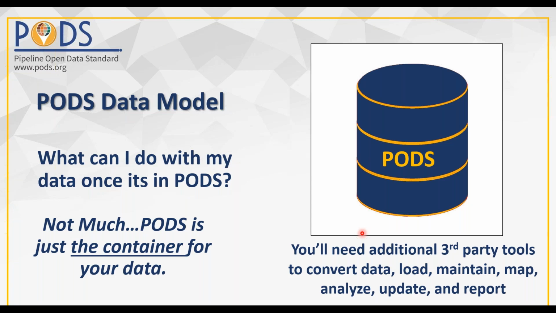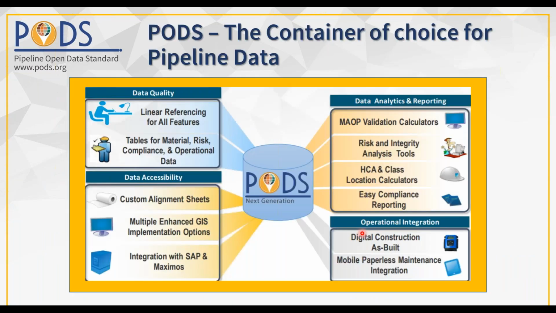So what I'd like to do is look at four groups of applications, if you will, or four usages of data within the PODS data model. This is going to be looking at those applications dealing with data quality, data accessibility, data analytics and reporting, and certainly operational integration as well.